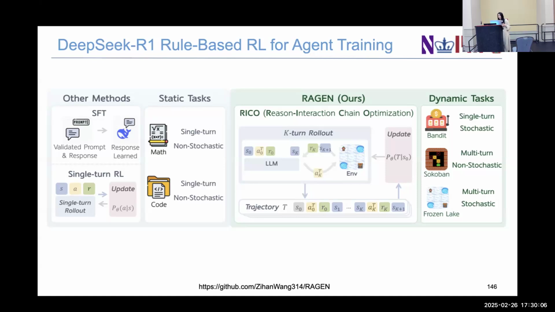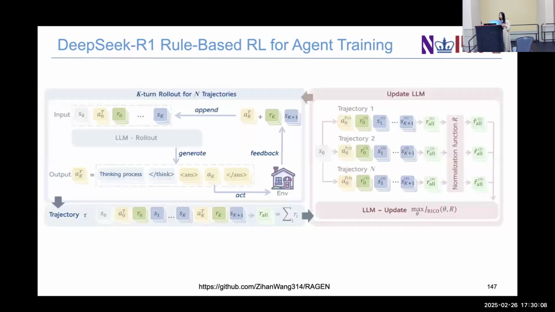So if we are trying to do this, we're basically trying to learn this thinking process in this MDP framework. When we have these input sequences of the state and actions, we ask the large language model to first think about what the next action is. This thinking tokens is exactly what DeepSeek R1 is doing.